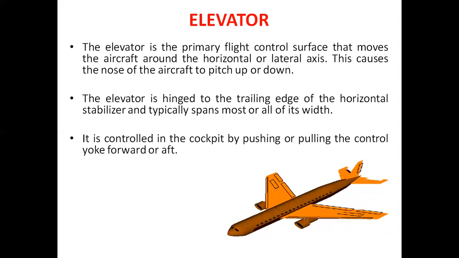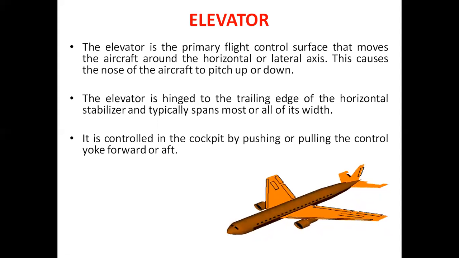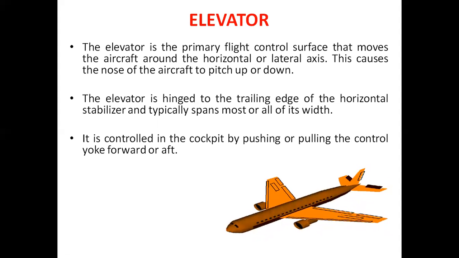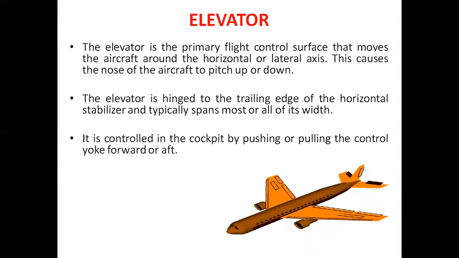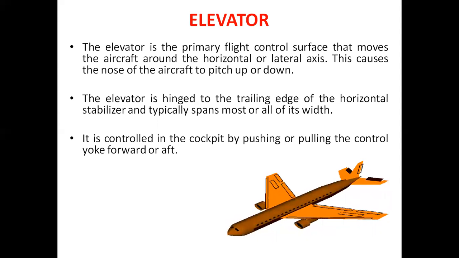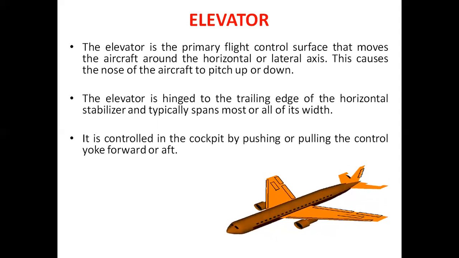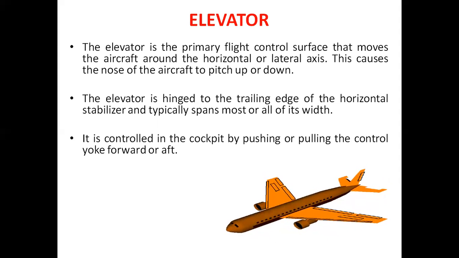When the control column is pushed forward, the elevator will go down. That means nose down. So the elevator can be operated from the cockpit by the control stick. With movement of the control stick forward and back, the elevator will move down and up.